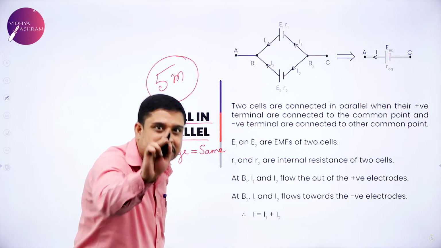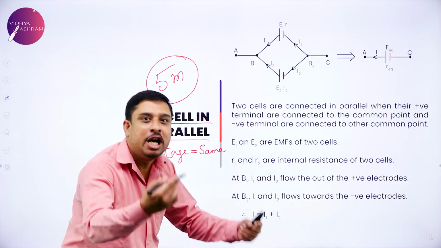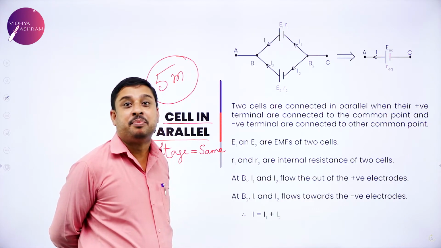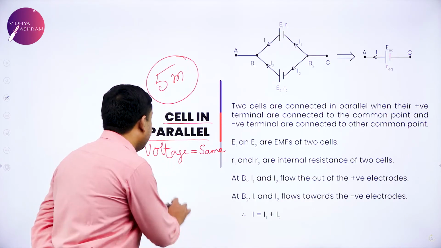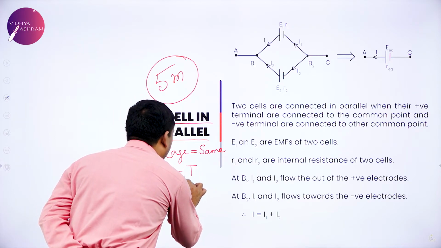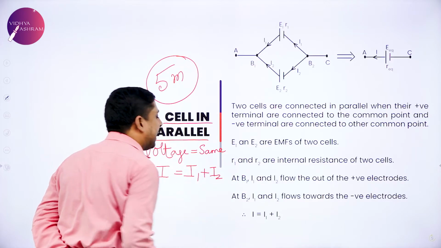If two cells are connected in parallel, the potential across them remains the same, and the main current is equal to the sum of the individual currents.